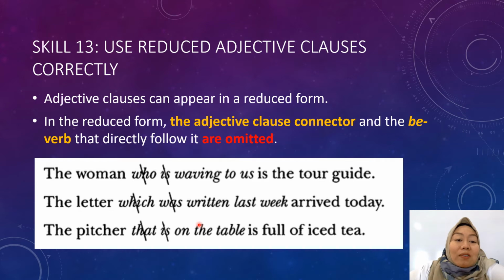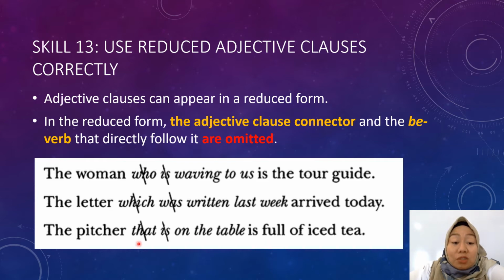Okay. All right. Another example is this one: the picture that is on the table is full of iced tea. Let's see. The sentence has the adjective clause that is on the table. If you want to reduce the clause, then it becomes only on the table.